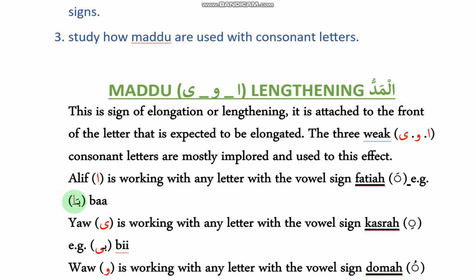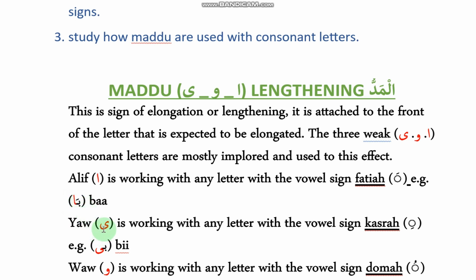And alif will always work with any letters that want to be strengthened or elongated. Alif will be added to such a letter that has fataha on it. So you can say alif fataha alif madd a, ba fataha alif madd ba, ta fataha alif madd ta, and so on and so forth.